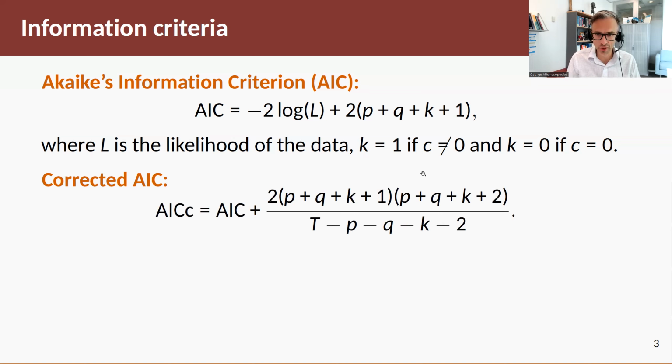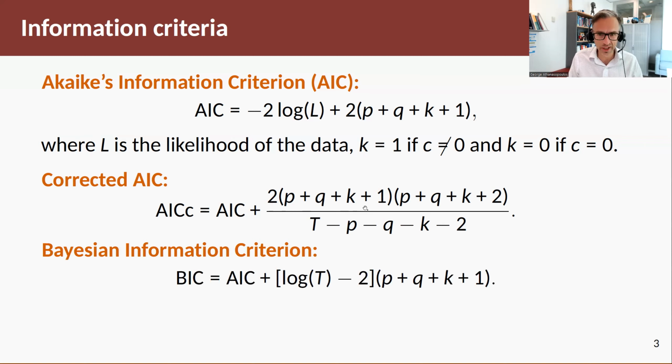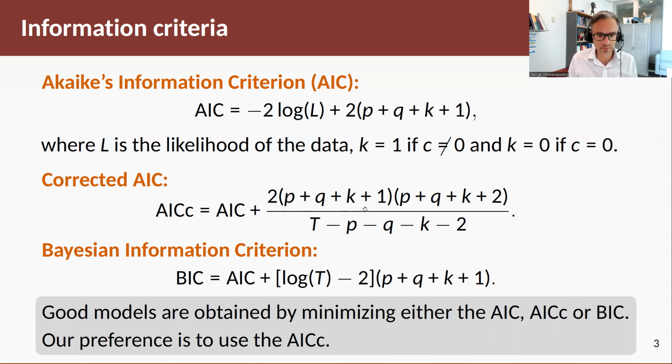We also have the corrected version for small samples, the corrected AIC, and the Bayesian information criterion, which is also used. As we mentioned before, the Bayesian information criterion was written for different reasons and is good for different reasons. So in forecasting, our preference would be to use the AIC. In fact, the default setting in what follows next, in terms of how we select models, is the AICc.